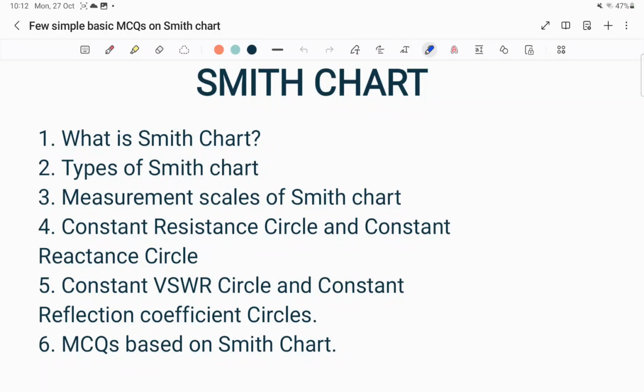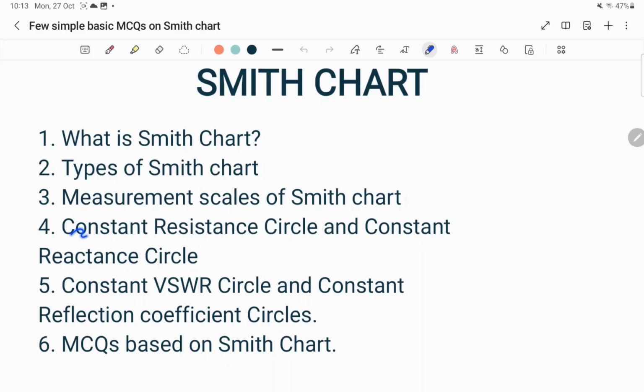Welcome dear students. This is a lecture on Smith chart. In this lecture we are going to study some of the basic points on Smith chart, which are important to solve MCQ questions which usually come in a GATE exam. We are going to see what is a Smith chart, what are the types of Smith chart, and the measurement scales of Smith chart. Most of the engineers who study electromagnetic theory or transmission line theory do not know fully about the measurement scales of Smith chart, so this is an important topic.